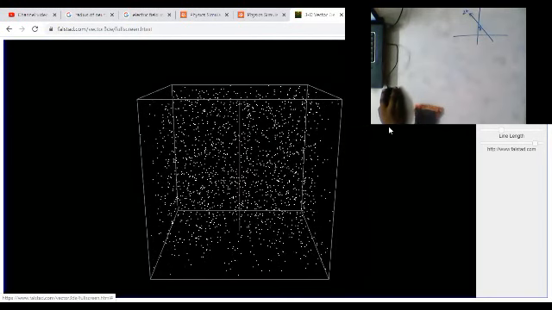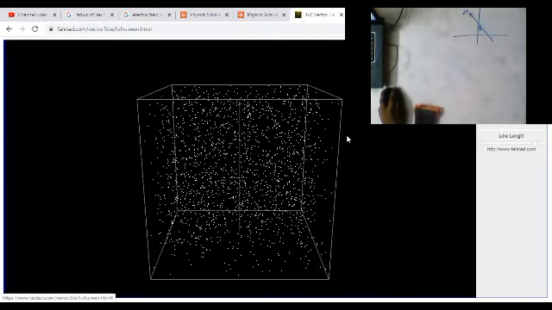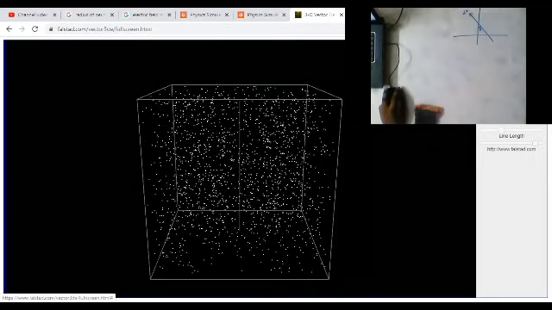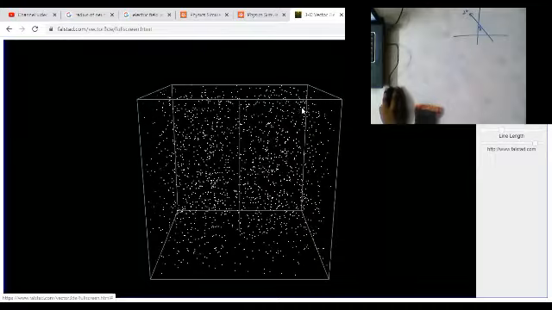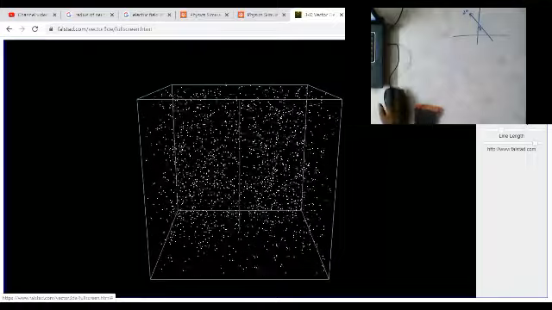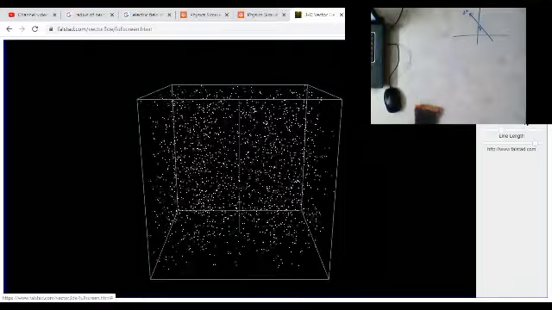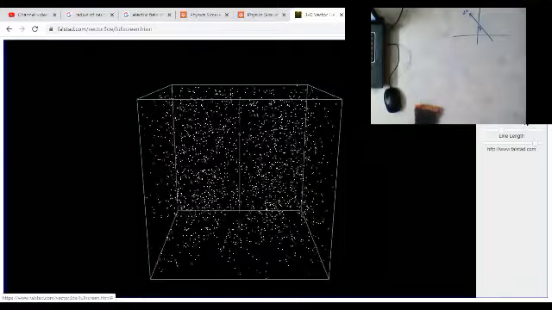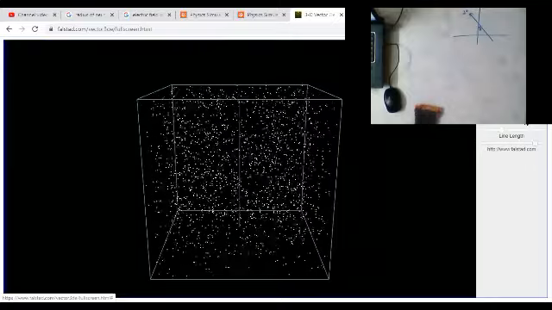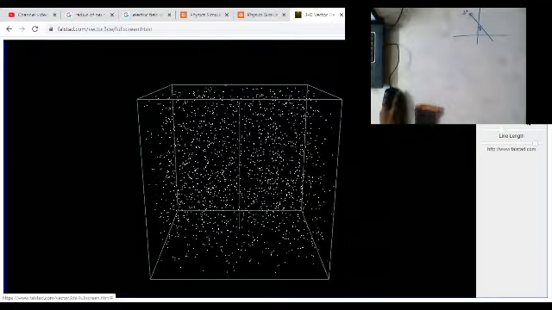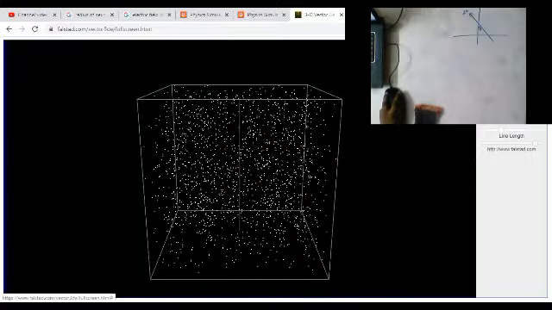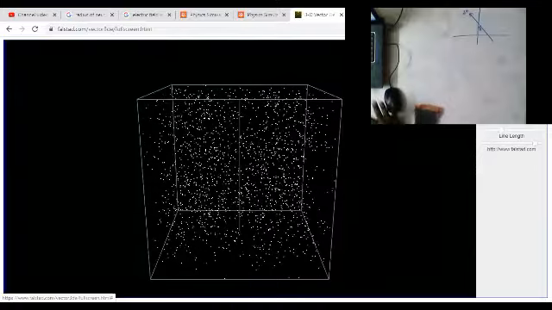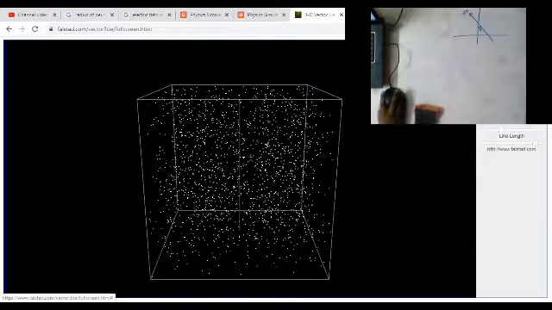When field strength is very low, meaning force per unit particle is low, the movement of the particle is very slow. When field strength is very high, the particles are moving very vigorously. Whenever the field strength is low, the electric field due to that particular body is low, so the particles are not moving very vigorously. Whenever the field strength is very high, the electric field is high, so the particles will be moving very rapidly.